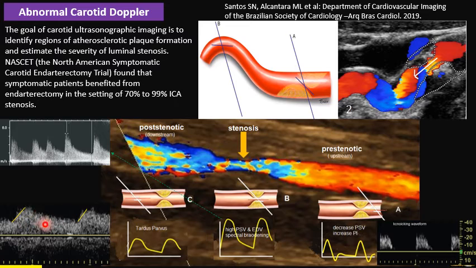The combination of these two patterns, Tardus and Parvus, we call the Tardus Parvus pattern, that is the post-stenotic spectral Doppler we will see in stenosis, especially significant stenosis.